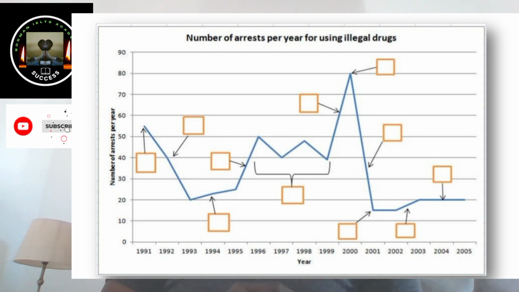Now, that point where it started, that exact point where the first yellow box arrow is pointing to, when you want to start describing a line graph, the first language of change you can use at that exact point is "stood at."